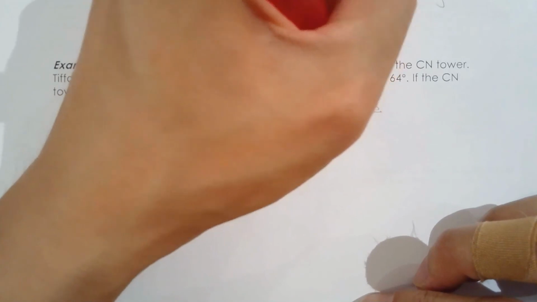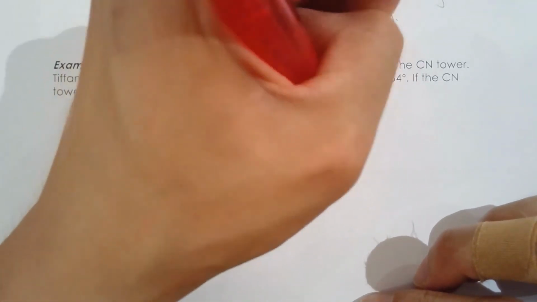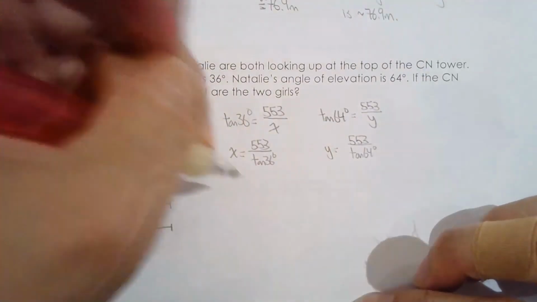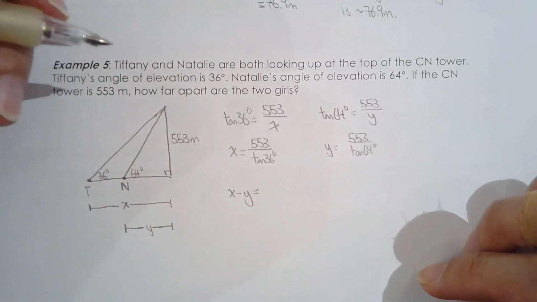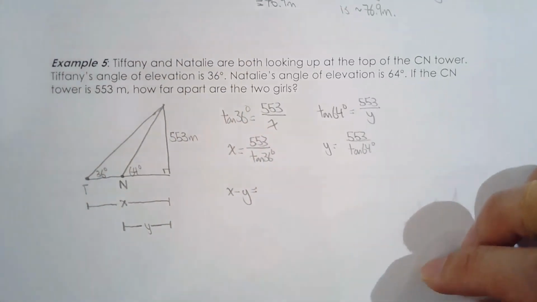What about Y here? So tan 64 degrees is 553 over Y. So Y is 553 over tan 64 degrees. So the difference between X and Y will tell me how far apart the two girls are.